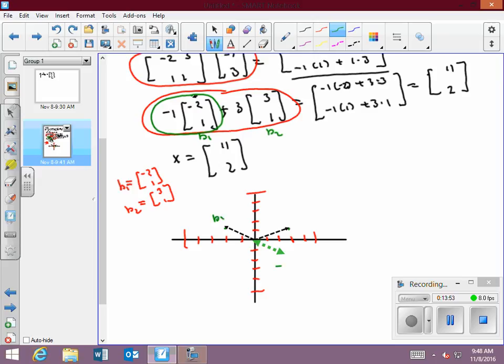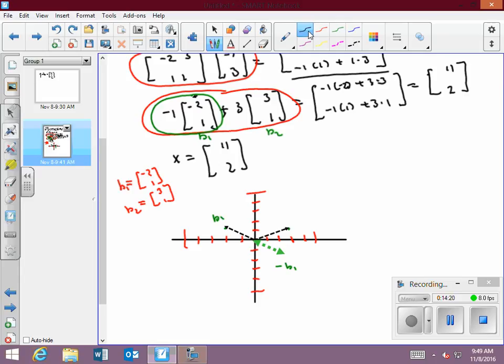This is minus B1. And then 3 times B2 is going to be 3.